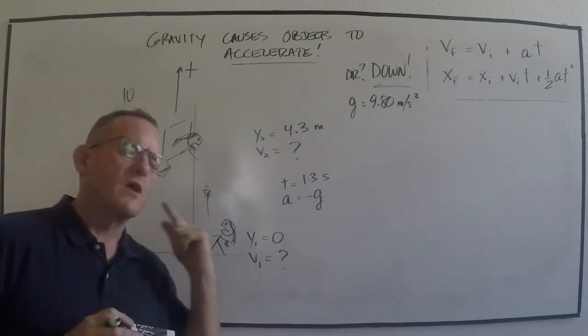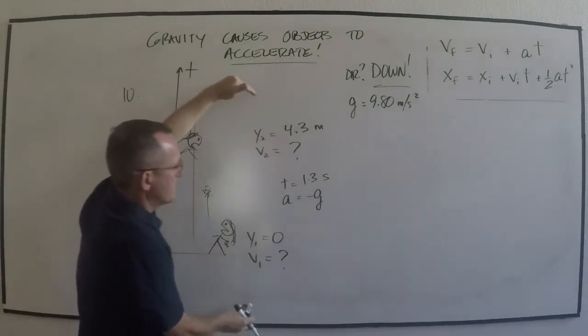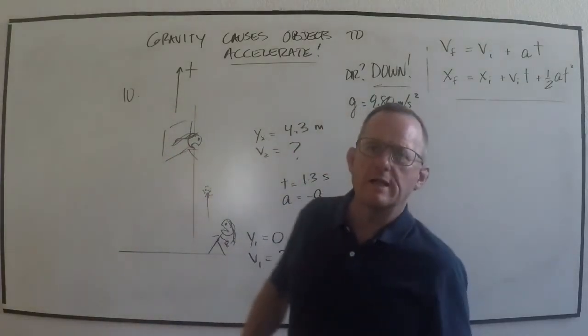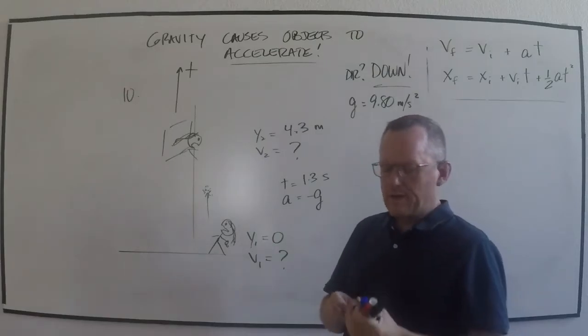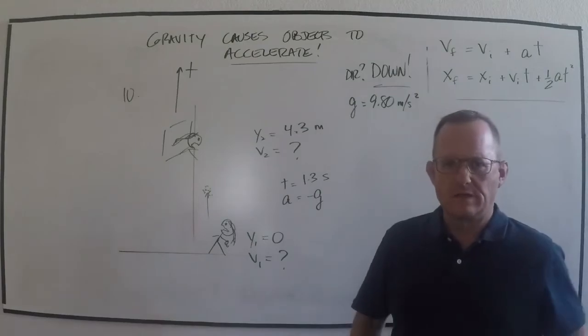All of these problems are exactly the same. You should see that when you draw your picture and you lay out the information. If you have trouble seeing that, your picture is not done right. The whole point of this chapter is not to calculate answers, it's not to do physics.